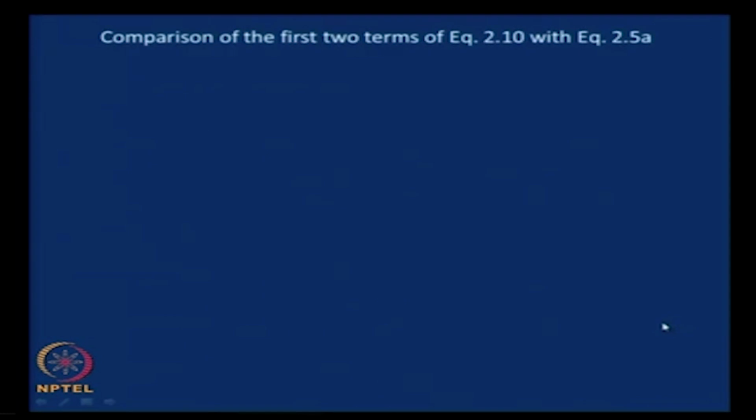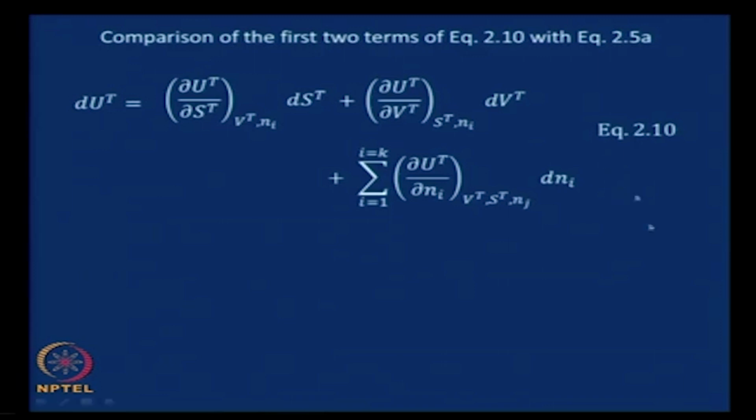If we compare the first two terms of equation 2.10 that we just wrote down with equation 2.5a, I am going to give you both these equations now. This is 2.10 that we derived just now and this is 2.5a. Here, going by the same scheme, dUt is ∂Ut/∂St at constant Vt dSt minus ∂Ut/∂Vt at constant St dVt.